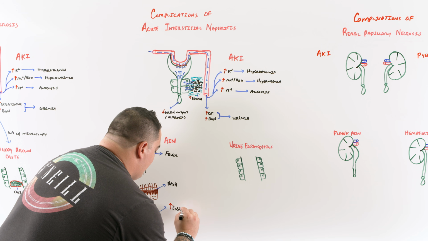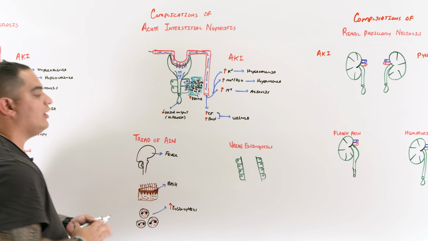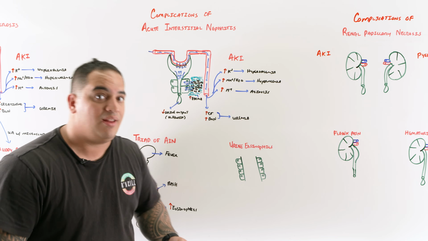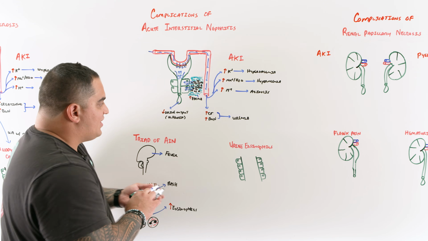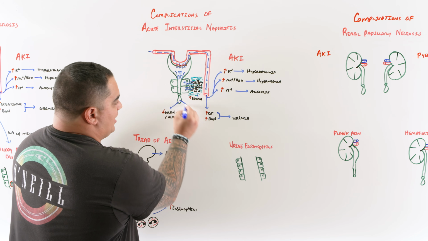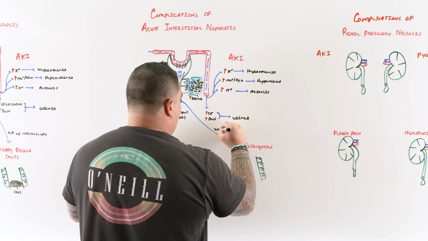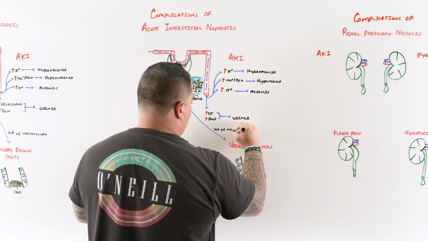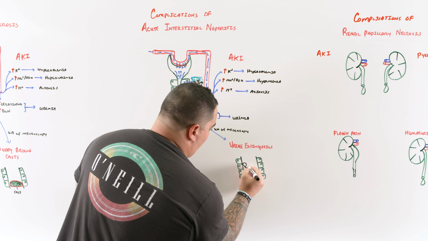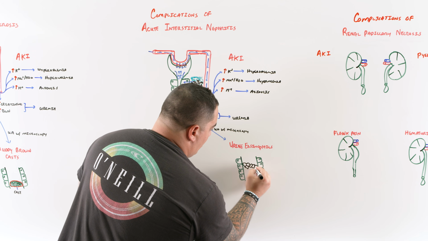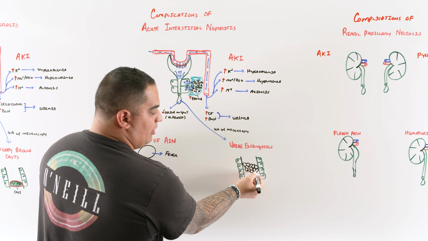Now, the other thing that in real life has very, very low sensitivity, specificity, and utility is a urinalysis for these patients. When you do a urinalysis with microscopy, you may see a lot of white blood cells in the urine, getting stuck in the shape of the tubular lumen.